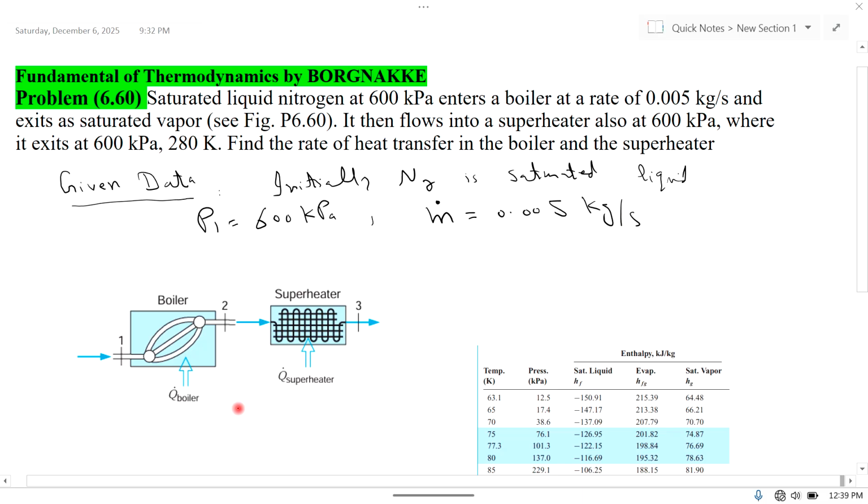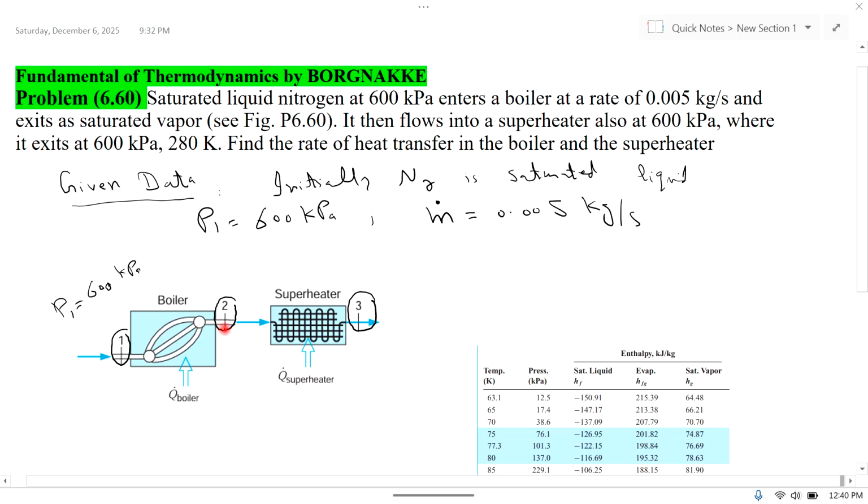See figure 6.60. It then flows into a superheater, also at 600 kilopascal. There are three stages: this is stage number 1, this is stage number 2, and this is stage number 3. Stage number 1 is the entrance of the boiler, here pressure P1 is equal to 600 kilopascal.